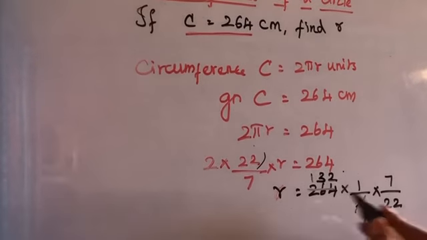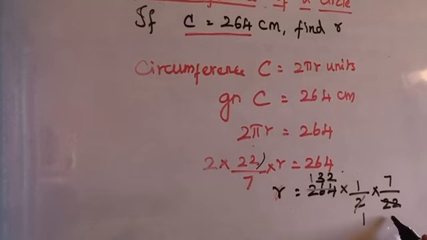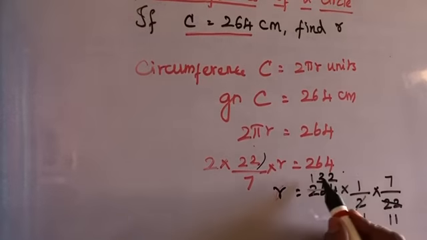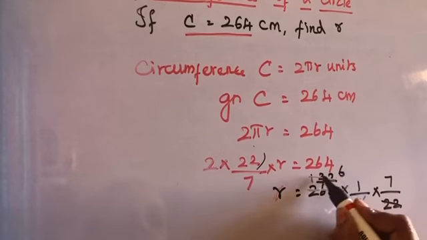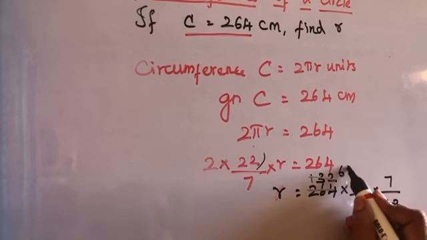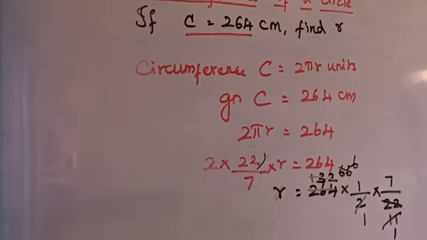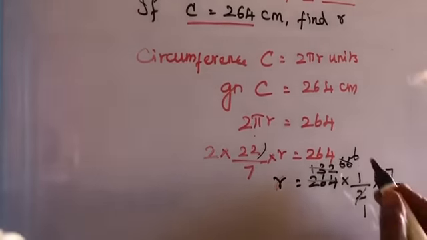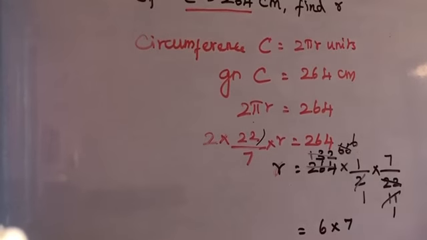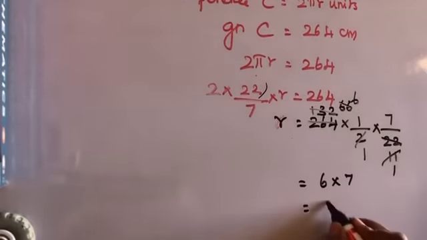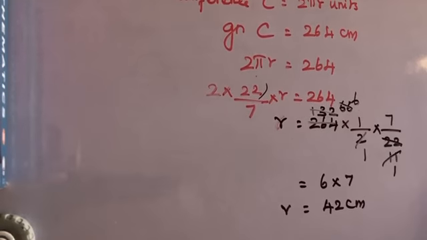While simplifying 22 with the 2 table, 11 2s are 22. In 13, 6 times, 6 2s are 12, remaining 1, 12, so 6 2s are 12 again. 1 6 is 6, 6 times 11 is 66. That is equal to 6 into 7, which is 42 centimeter. So the radius is 42 centimeters.